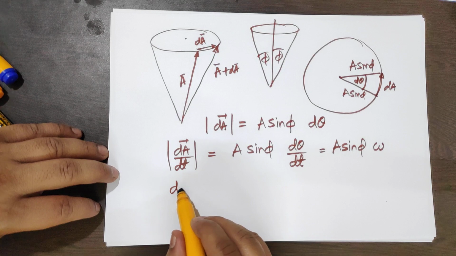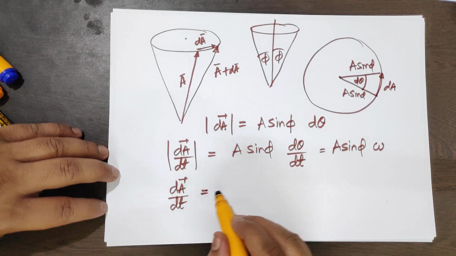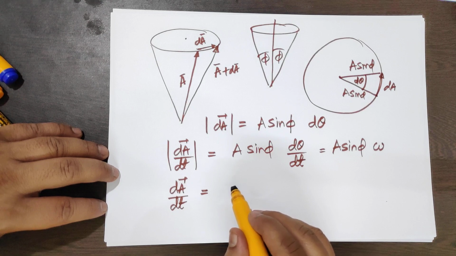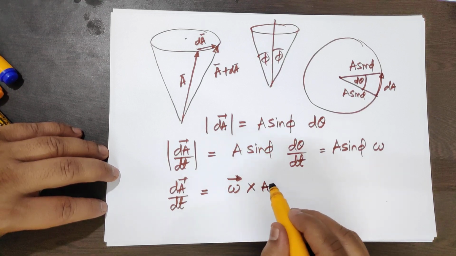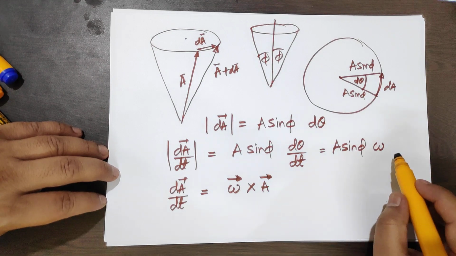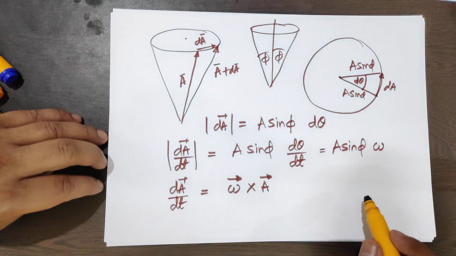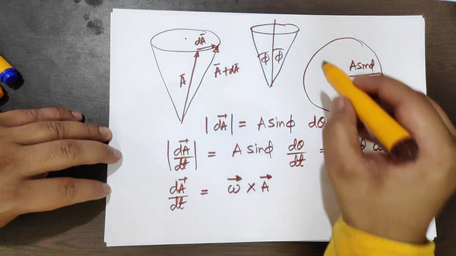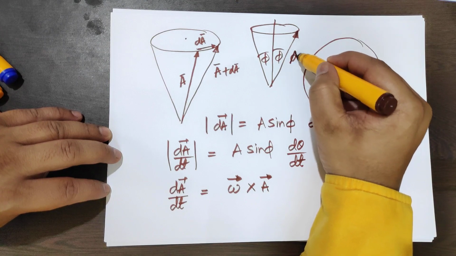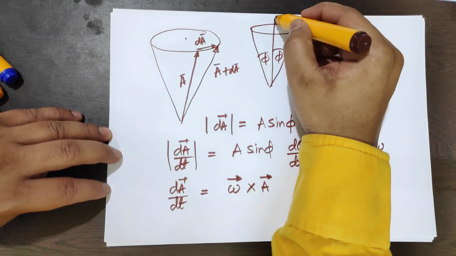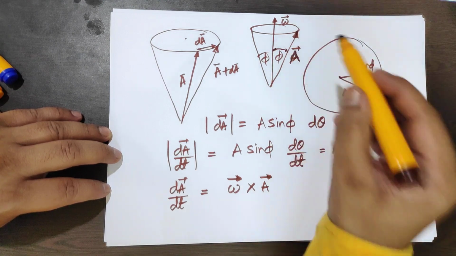So vectorially, dA dt is omega cross A. By the way, it's the cross product of omega and A vector. In this diagram, A vector is here and omega vector is there. The angle between these two vectors is phi.